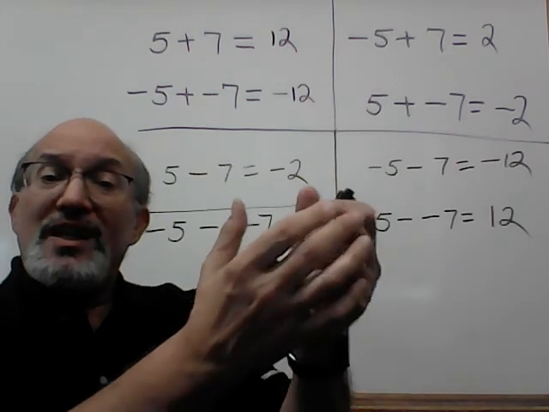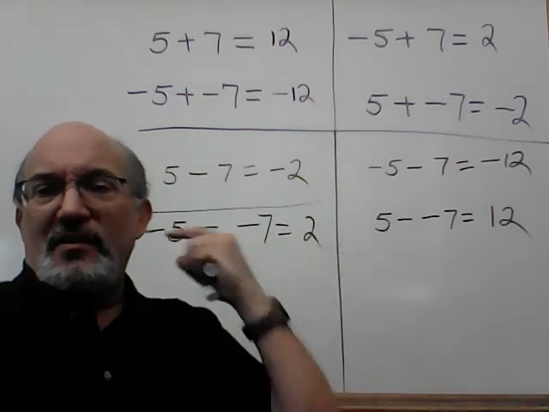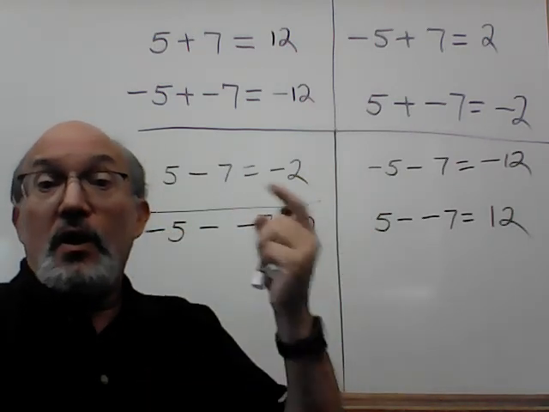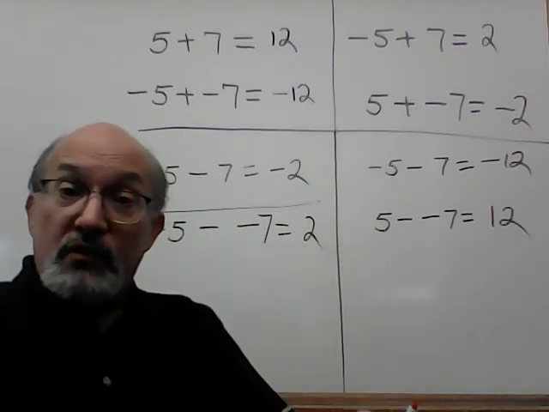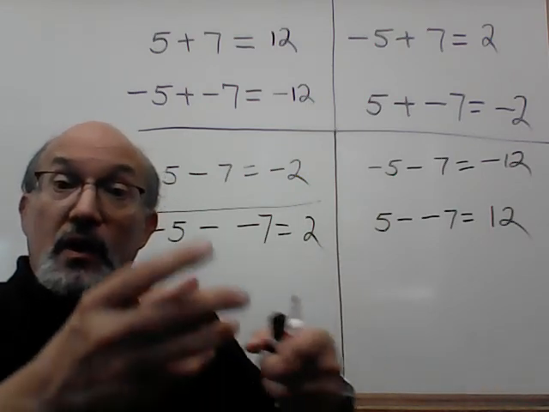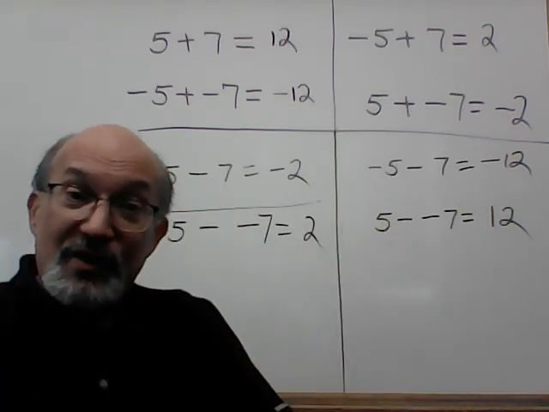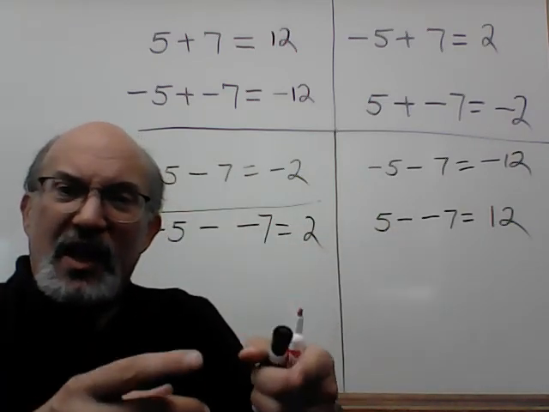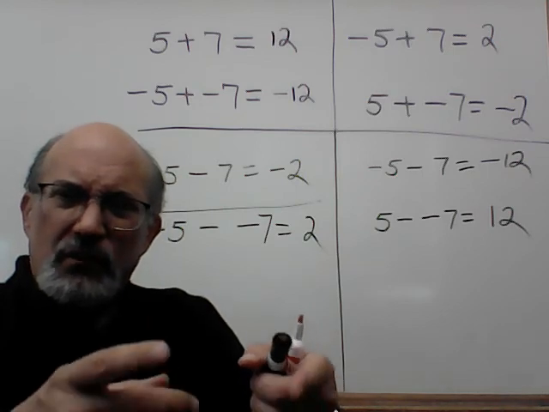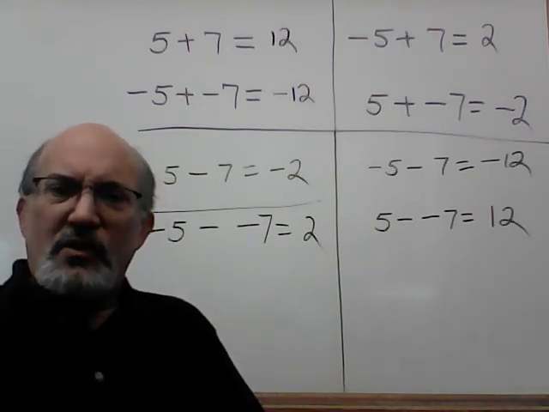And of course, if the signs are different, the answer is negative. So a negative times a positive is negative. A negative divided by a positive, or a positive divided by a negative. Either way, if the signs are different for multiplication and division, the answer is negative.